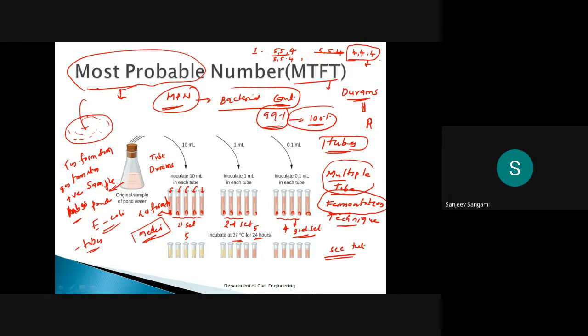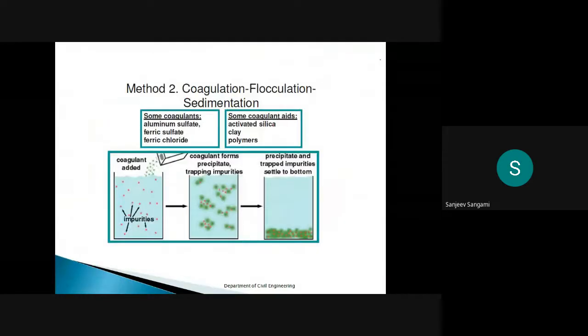With the help of this most probable number, we can see how many bacteria or pathogens are there in the water sample. Now we'll come back to our standards. Suppose I got MPN 10, whether I can drink it or not, whether the water is pure or not, that is the final conclusion we have to draw.